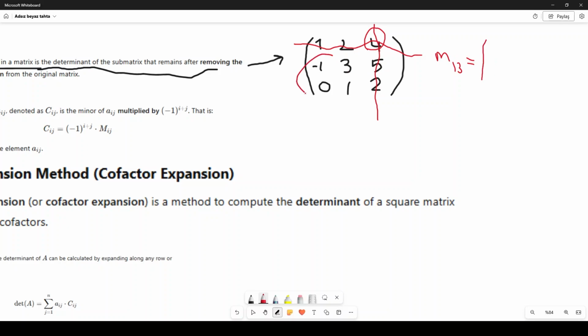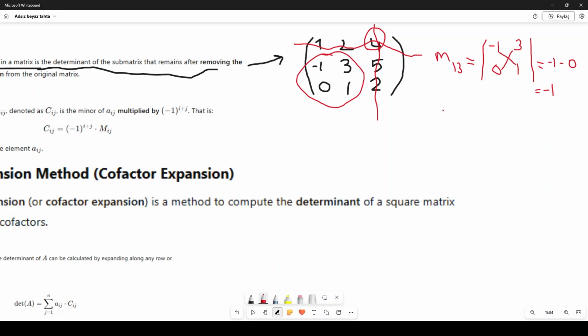These values that I circled in red are those that are left behind. So I put them in the determinant: -1, 3, 0, and 1. The value of this determinant is the minor of the 1, 3 component of this matrix. So -1 times 1 is equal to -1, minus 0, and it's equal to -1.